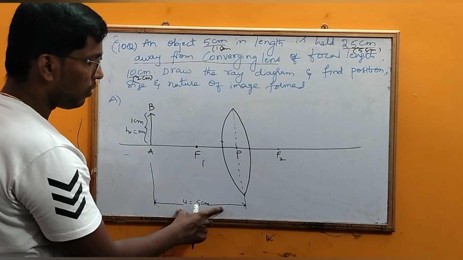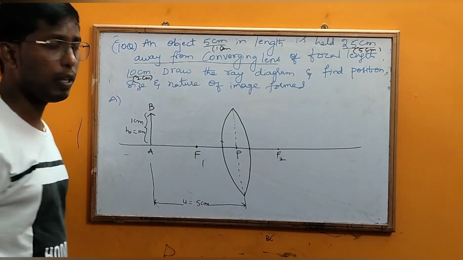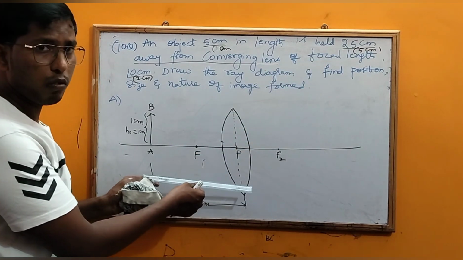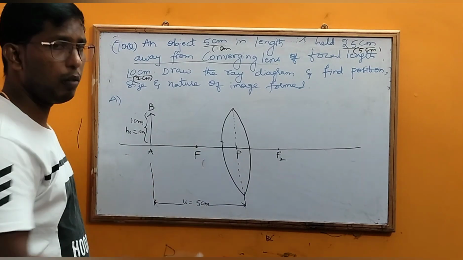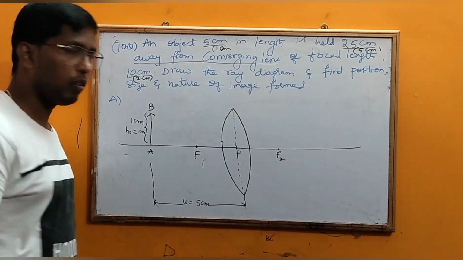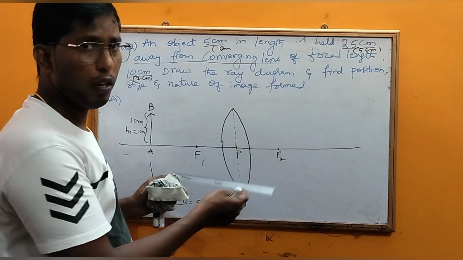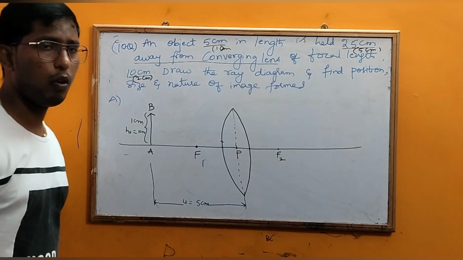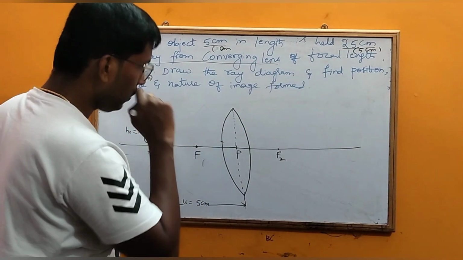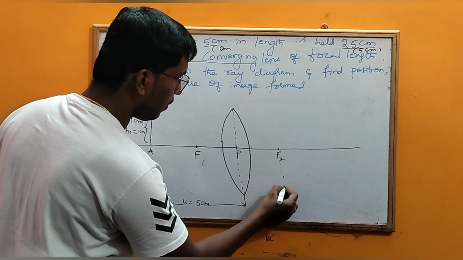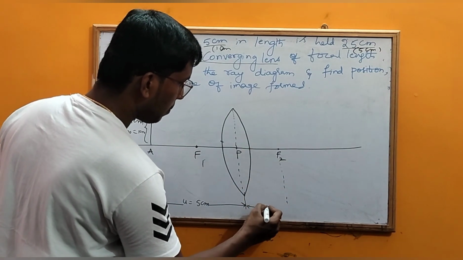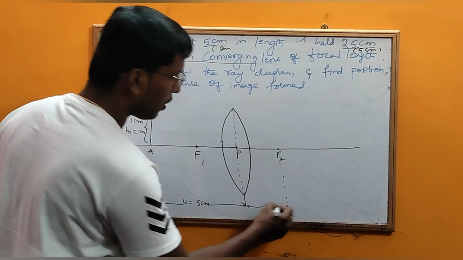Here it is 5 centimeter, but actually it is 25 centimeter. If I draw here, it is fine, but when you draw in the book, the space is not sufficient. The book is small and the length is very big. So what will be the focal length f2? It will be 2 centimeter. I hope you have understood.